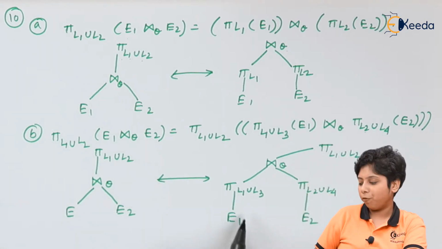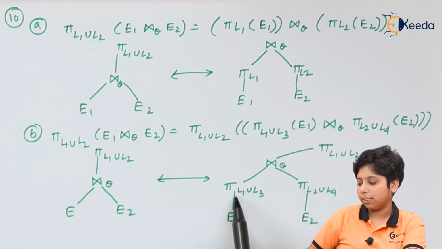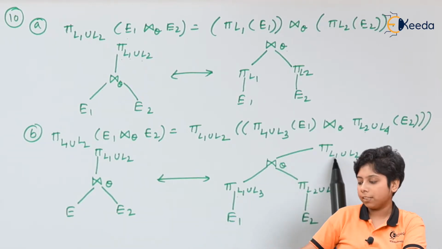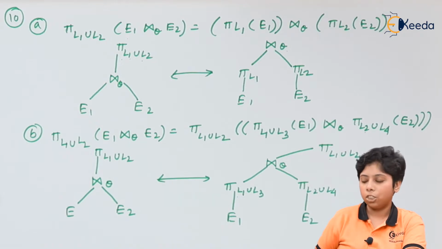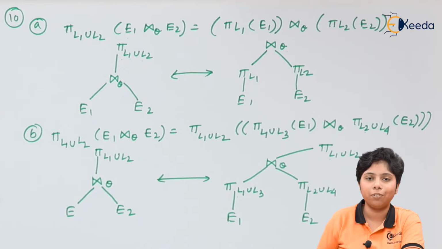So first we have the projection L1, L3 on E1 and L2, L4 on E2, make a theta join that will consist of L1, L3, L2 and L4. And now we select only the L1 and L2 combination from this joined relation, which is equivalent to the L1, L2 projection on the theta join of E1 and E2.